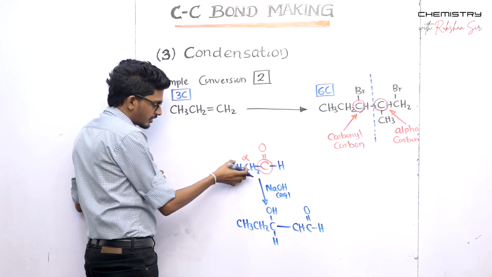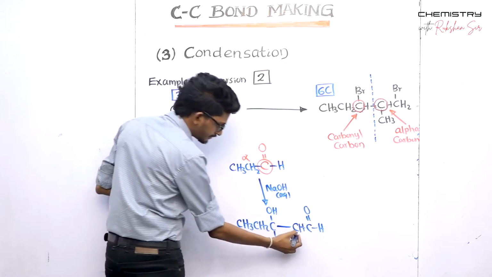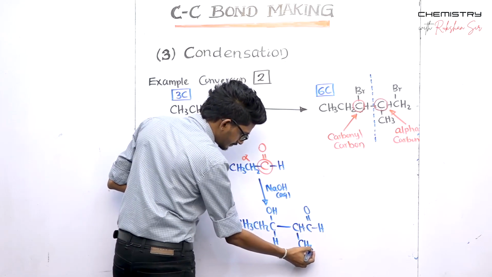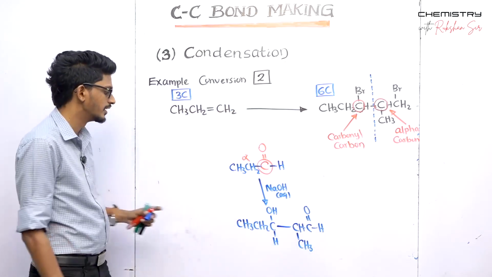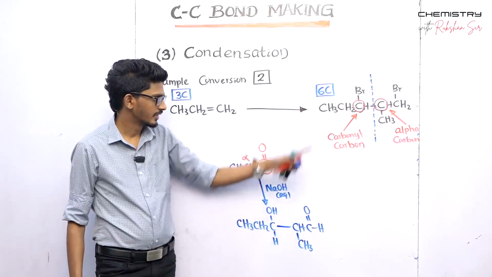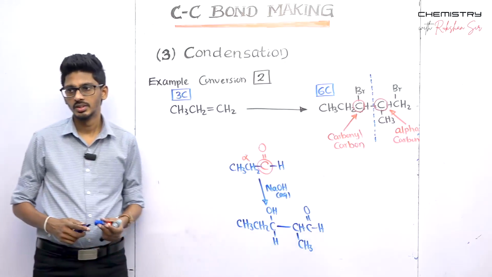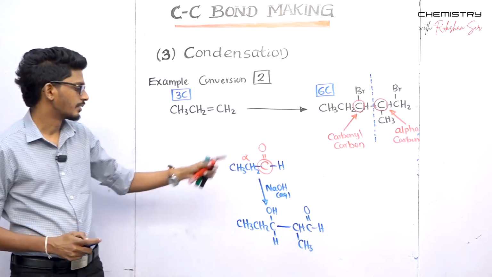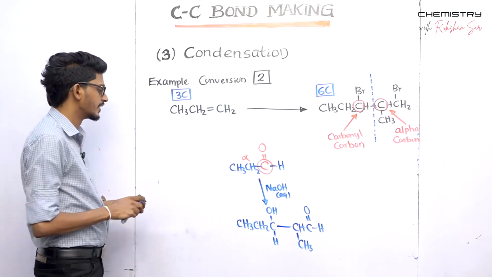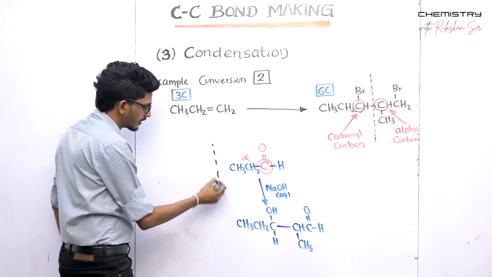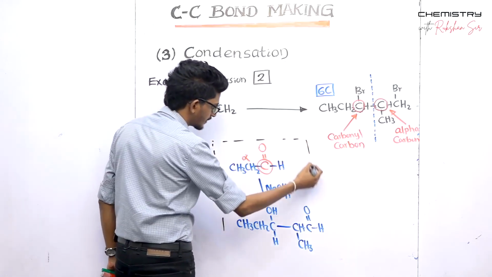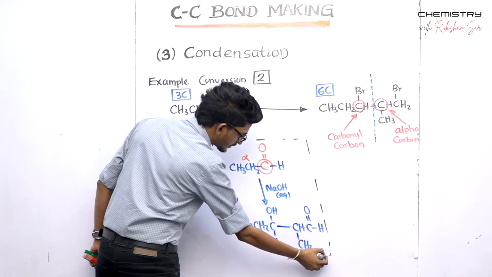And this is going to be bent like this. Now you clearly see you have come up with the correct carbon skeleton. So you are very happy, right? This is the heart of the question, coming up with the correct carbon skeleton.